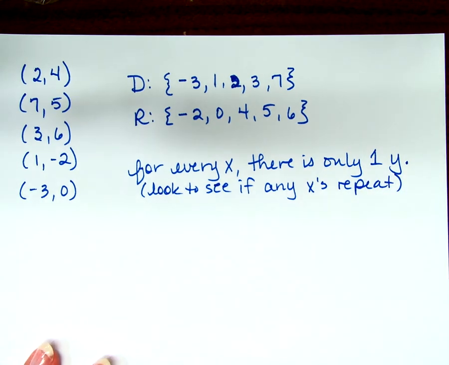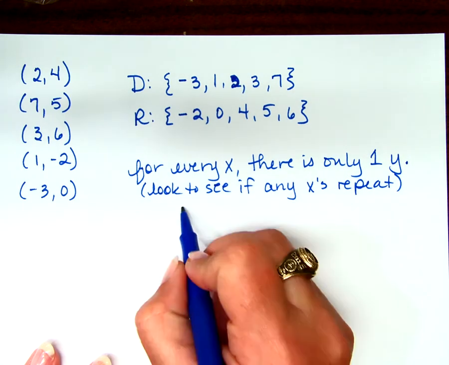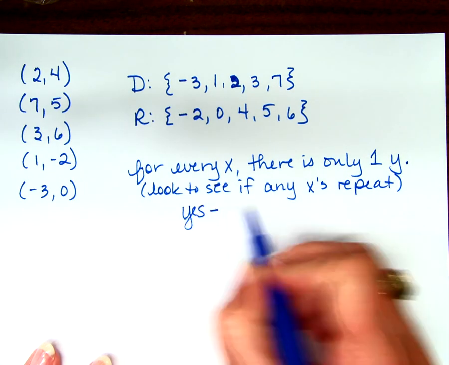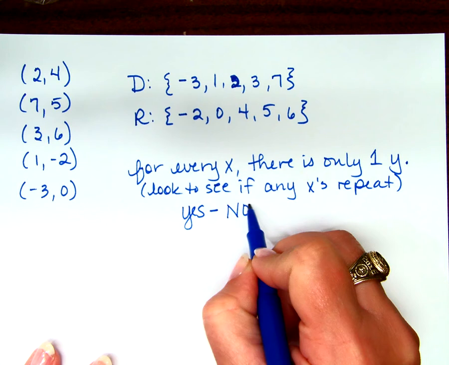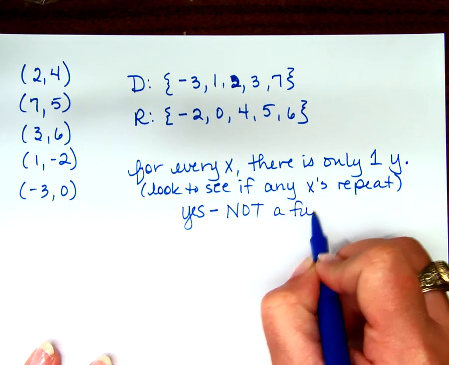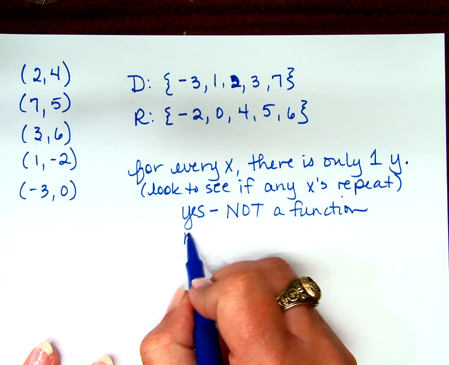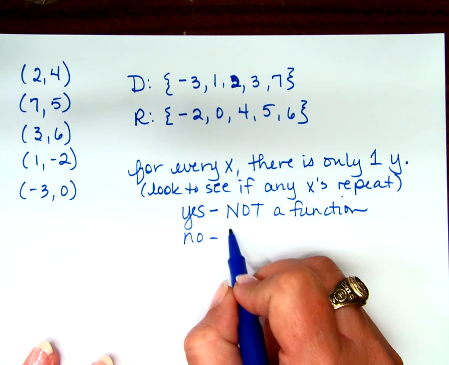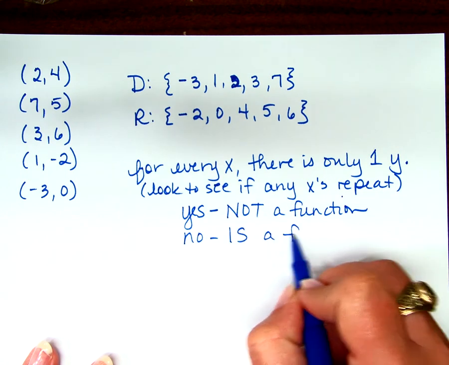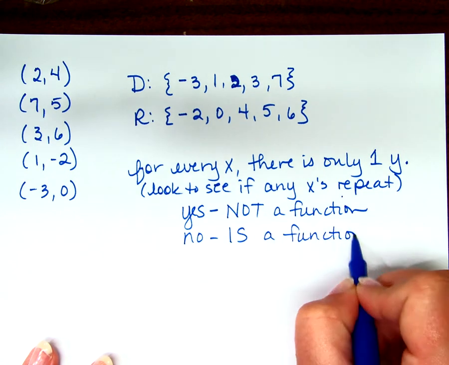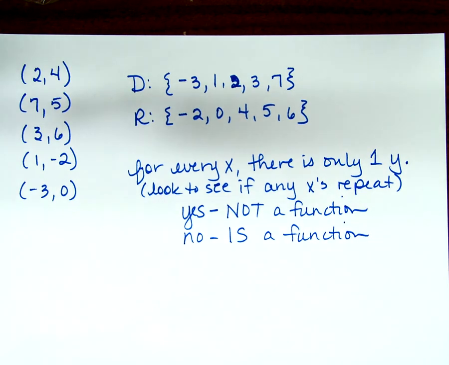If any x's repeat, is it a function? No. So if any x's repeat, then this is not a function. If we say, do any x's repeat, and the answer is no, then it is a function. Does that make sense? Okay.